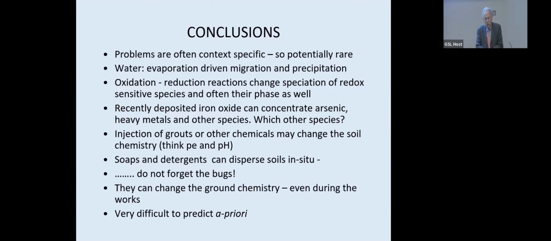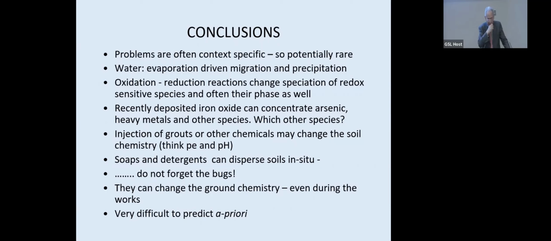But we've seen just water, evaporation, and precipitation can cause problems. Oxidation reductions are going to be the major processes in the soil. And all those species that are essential to life are going to be potential candidates in the ground, particularly sulfur, nitrogen, and manganese, and arsenic, if you like, as a secondary, if there's iron oxide.